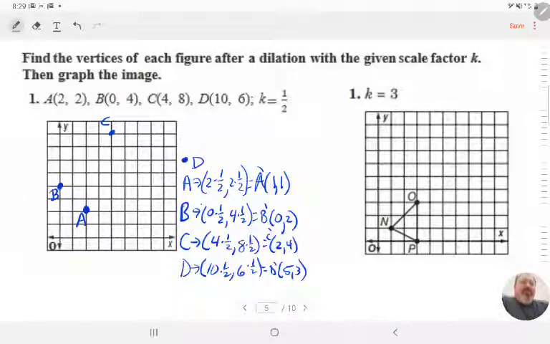All right. So then we could take a look and we can see how this is actually going to work. So we could say A is 1, 1. So that's going to go right there. And then we have B, which is 0, 2, which would go right here. And then C is 2, 4.